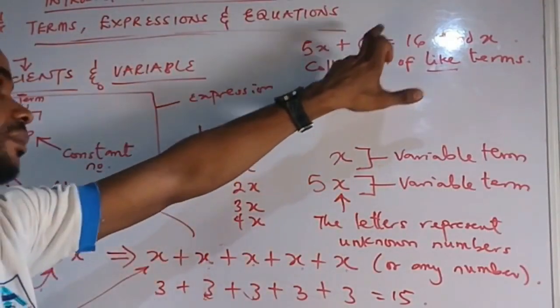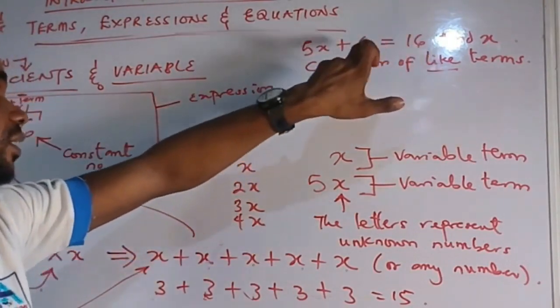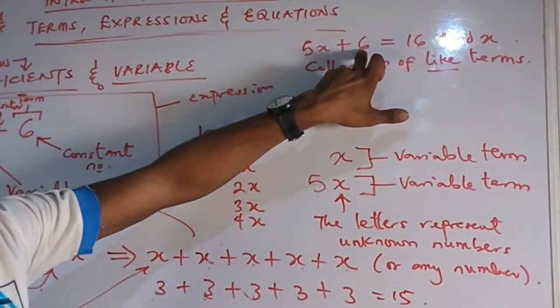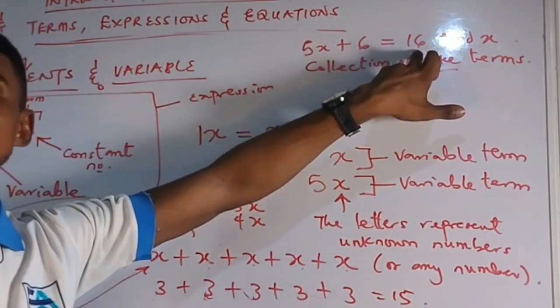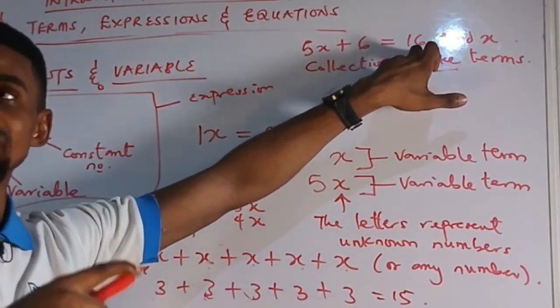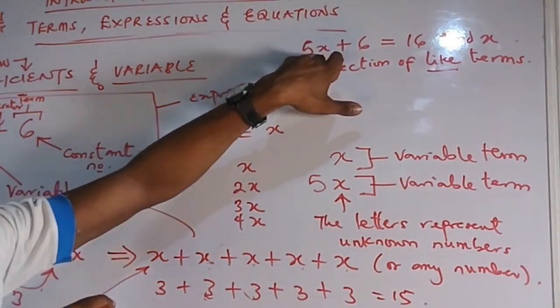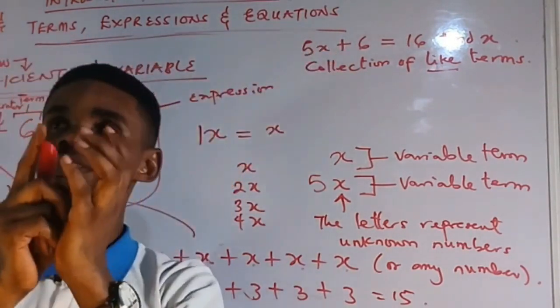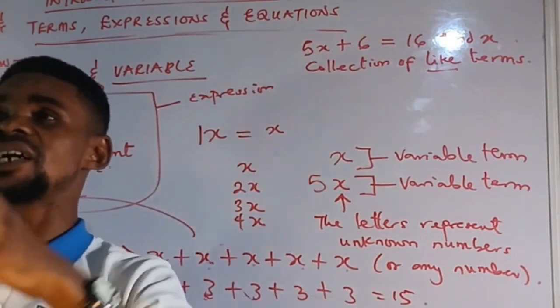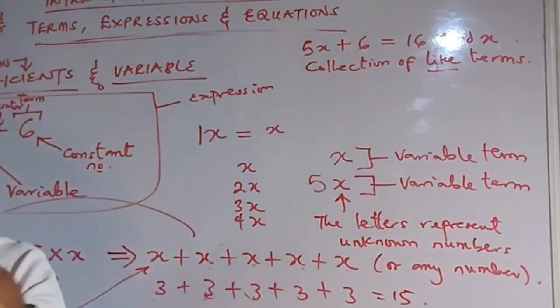This is a constant term, and this is also a constant term, because it does not contain any letter. But this is a variable term because it contains a letter. So when we are collecting like terms, it means we are bringing terms that look alike together.